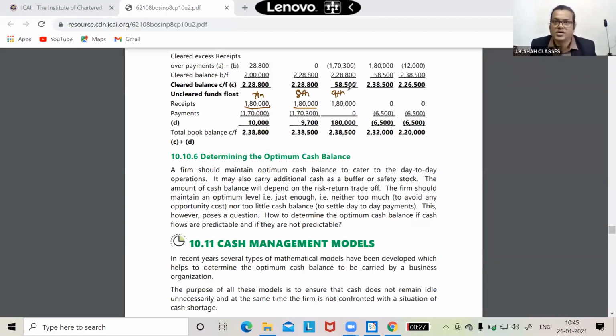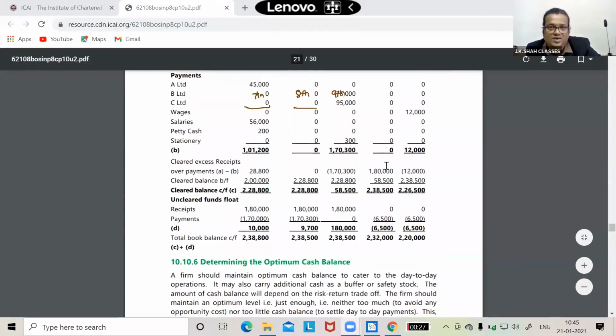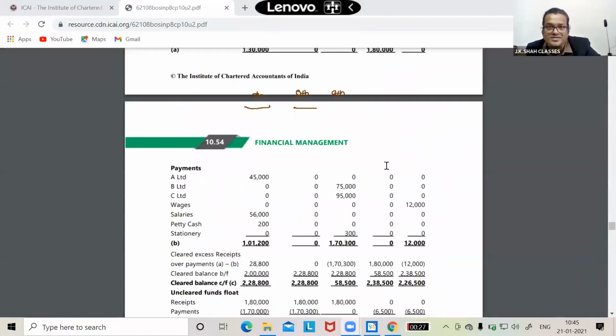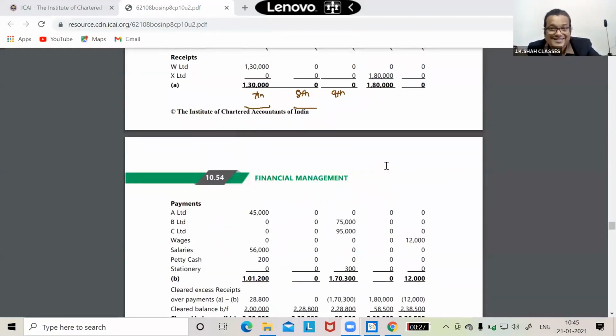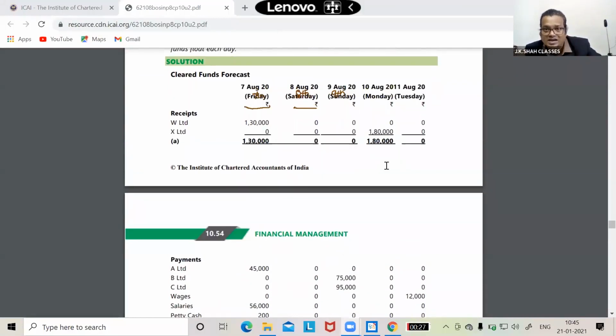Why is it gone on 10th? For the simple reason that on 10th it goes over here. See, they remain in the same place. 7th, 8th, 9th it was there in uncleared floats. Now it goes over here in cleared floats. Did you understand what is that uncleared float?